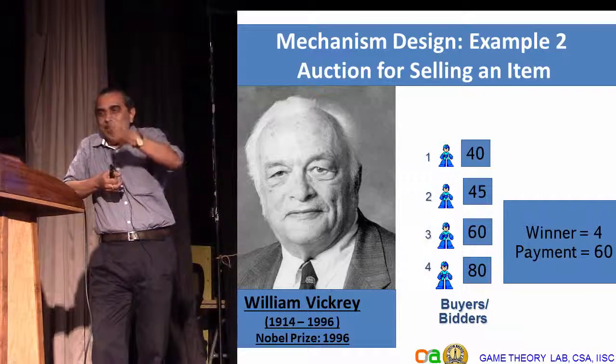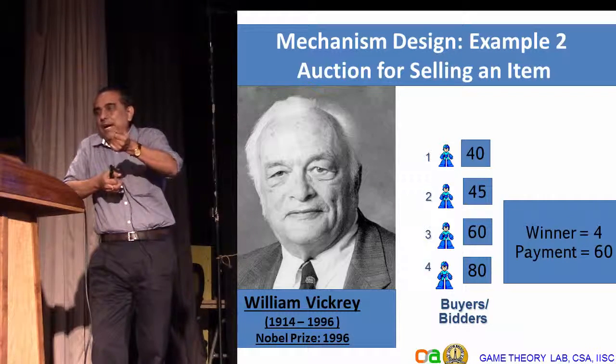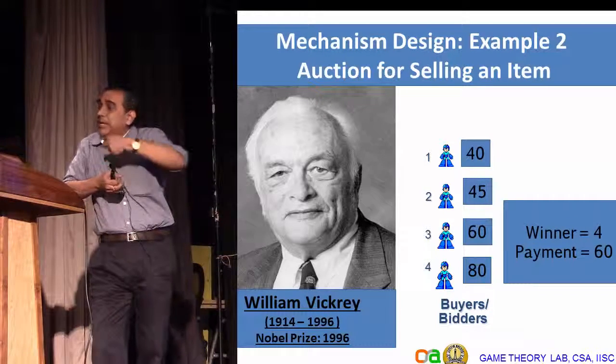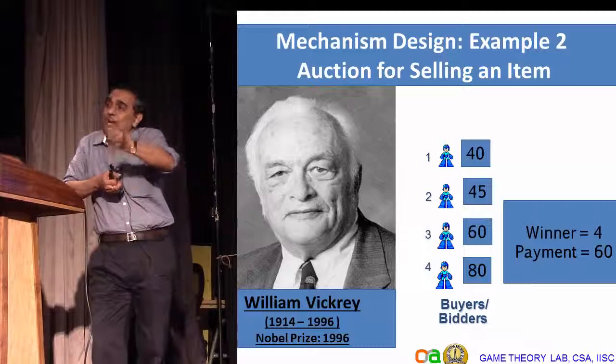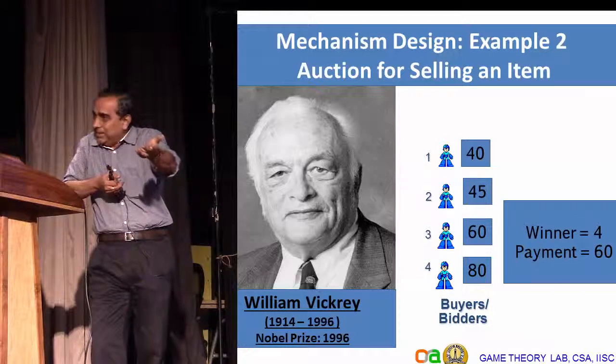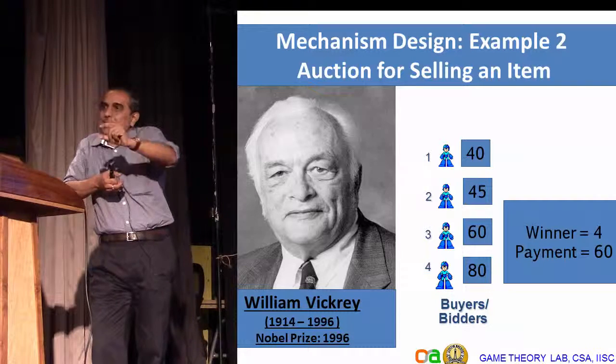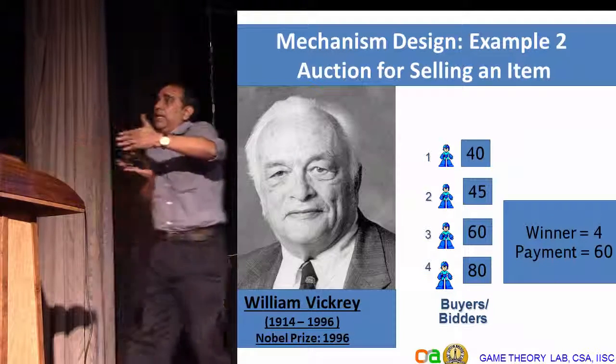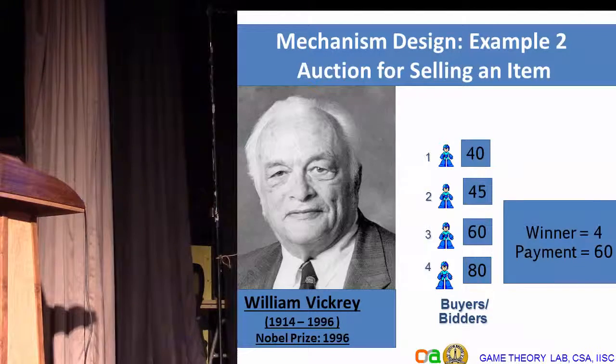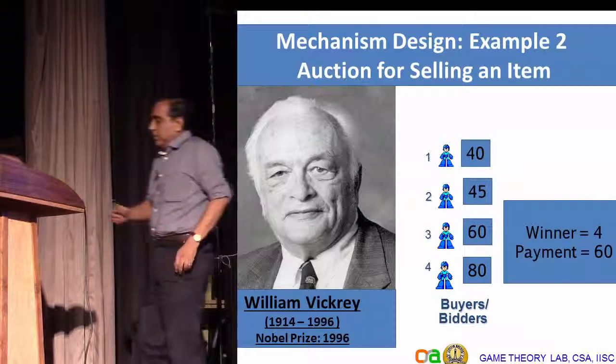They will bid their true valuations now because they certainly want to win the item, and they also are able to bid aggressively because they know that they are not going to pay what they have bid but something less than what they have bid. And if what they are going to pay is less by the difference between the highest bid and the second highest bid, Vickrey actually showed that it becomes a dominant strategy.